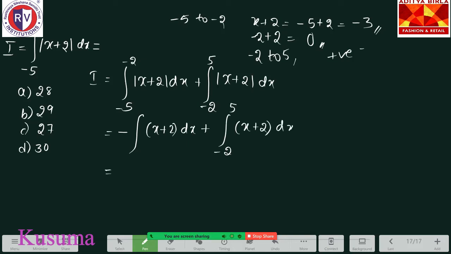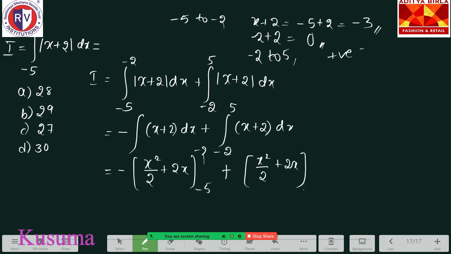So the integration of this will be minus of x square by 2 plus 2x from -5 to -2 plus x square by 2 plus 2x from -2 to +5.